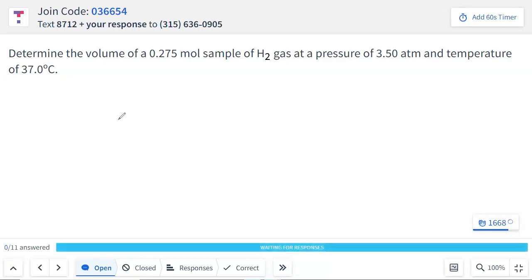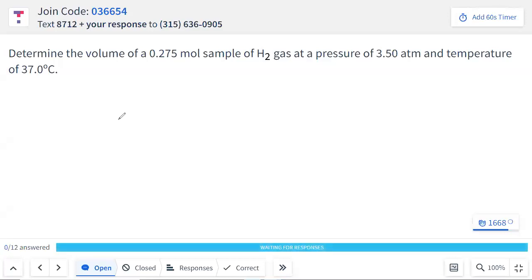If I'm describing a gas that is changing, so the pressure is going from this to this, the volume is going from this to this, the temperature is going from this to this, that's where I'm going to use the combined gas law. So combined gas law we use when the gas is changing.